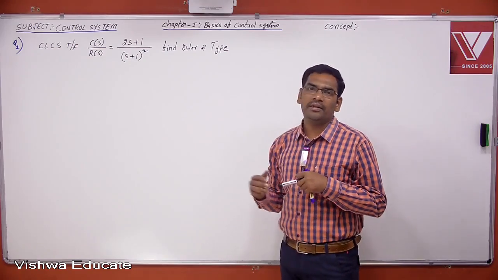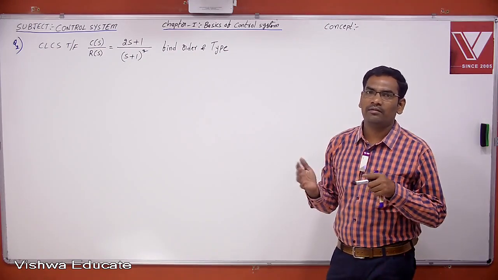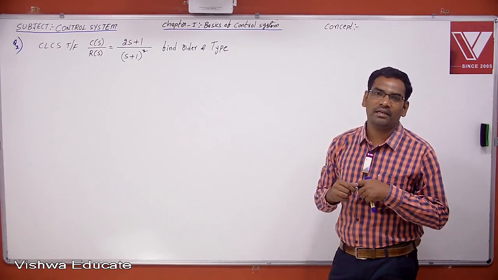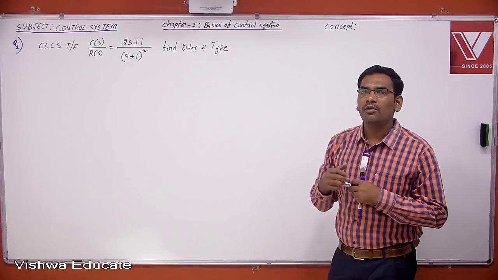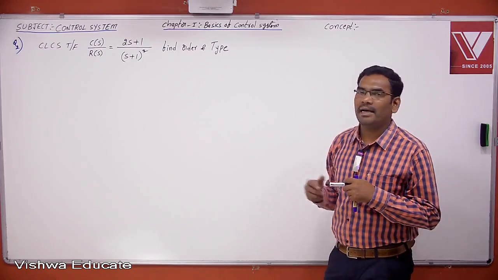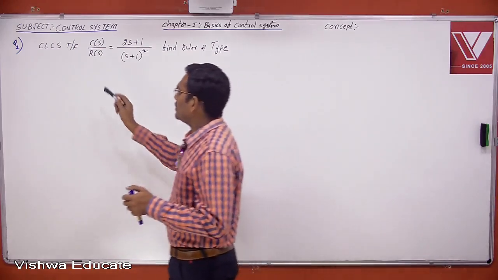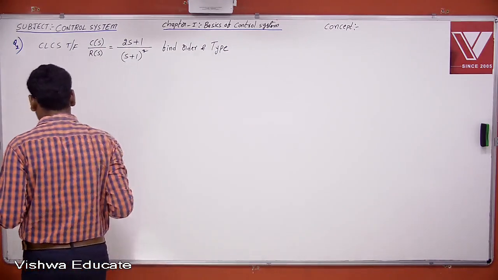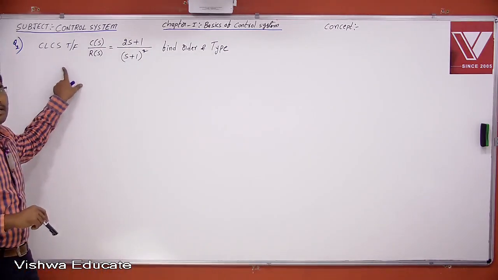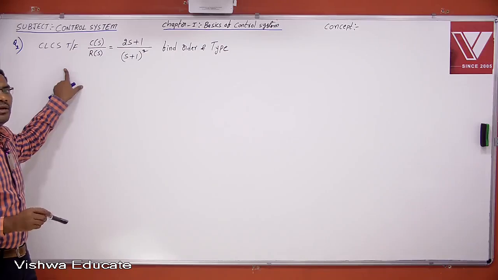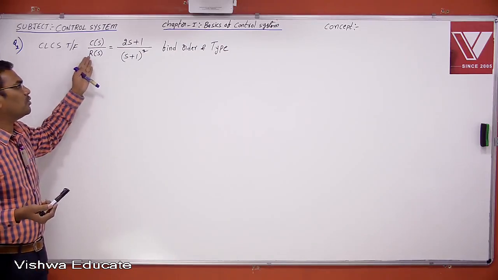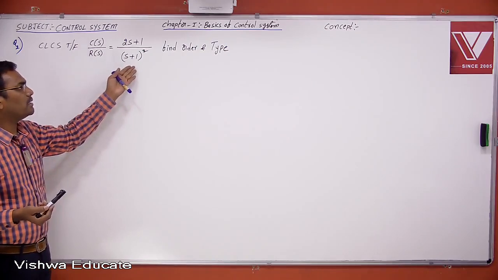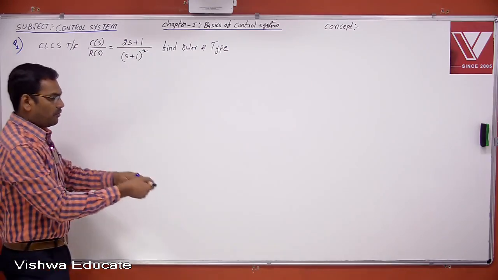There we discussed everything, how to solve and how to convert from one transfer function to another, and we also saw one shortcut method. Now use that shortcut method and get the answer directly. This is the closed loop control system transfer function, so you can directly find the order, because these are the closed loop poles.